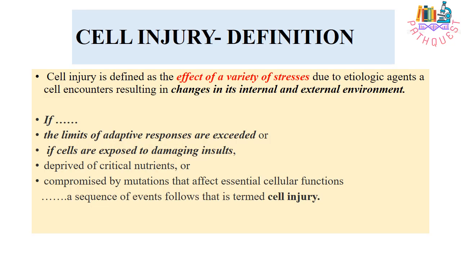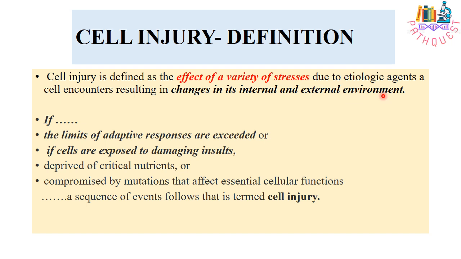Cell injury. So, how will we define cell injury? Cell injury is defined as the effect of various stresses due to etiologic agents that a cell encounters, resulting in changes in its internal and external environment.